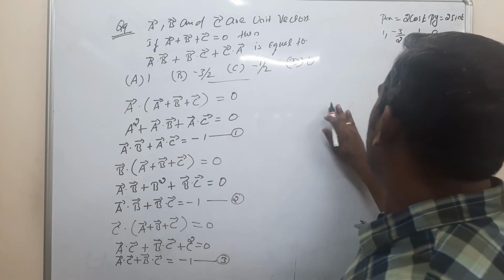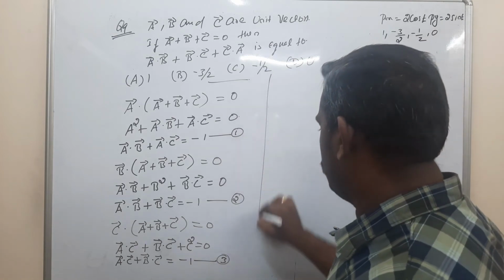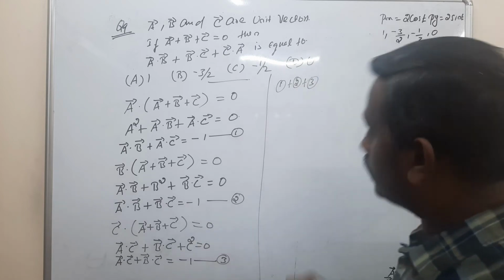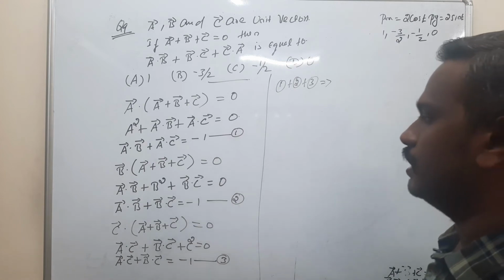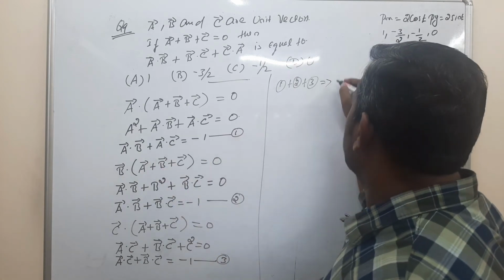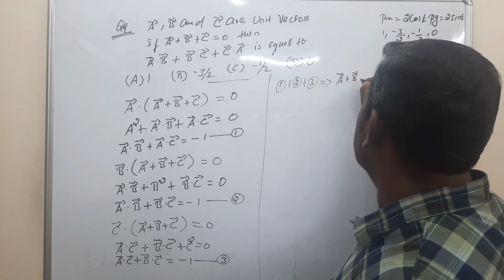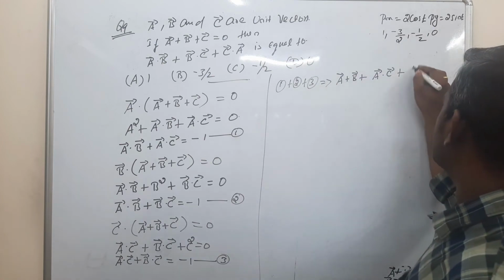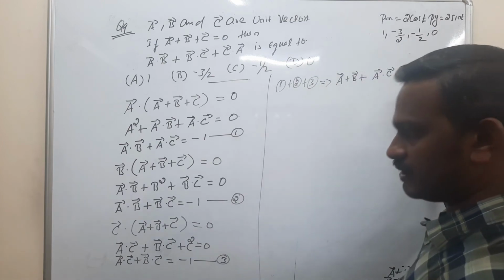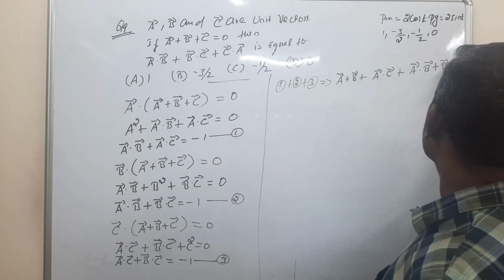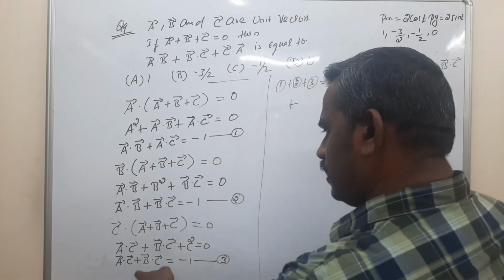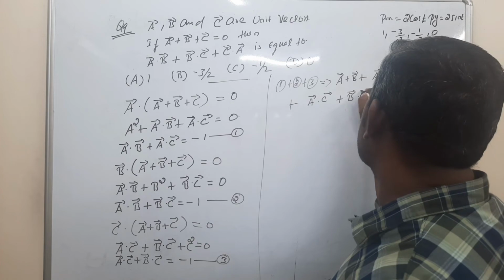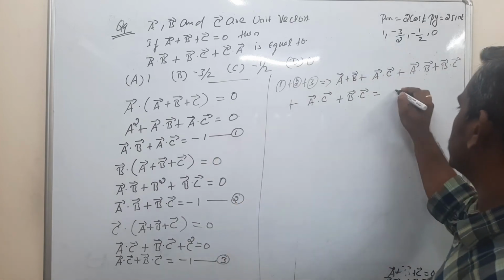So 1 plus 2 plus 3. We can write A vector dot B vector plus A vector dot C vector, plus the second equation A vector dot B vector plus B vector dot C vector, plus A vector dot C vector plus B vector dot C vector is equal to minus 1 minus 1 minus 1, that is equal to minus 3.